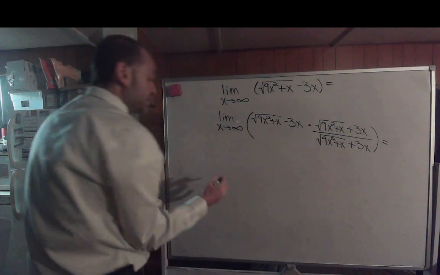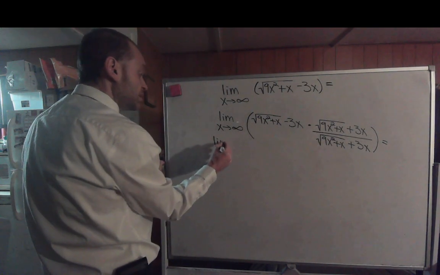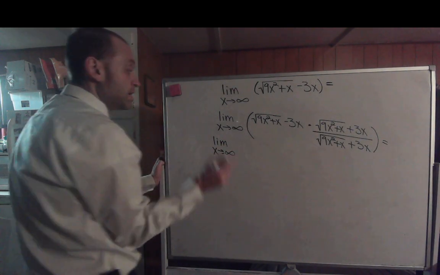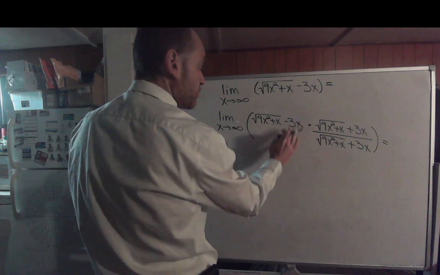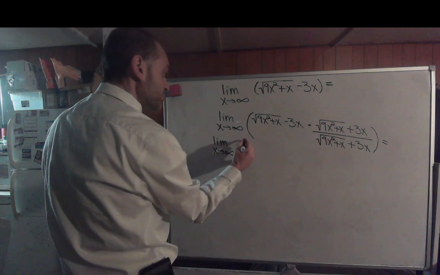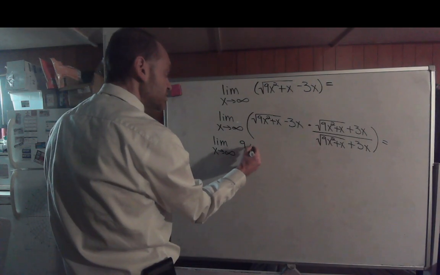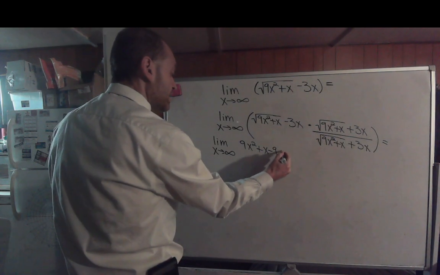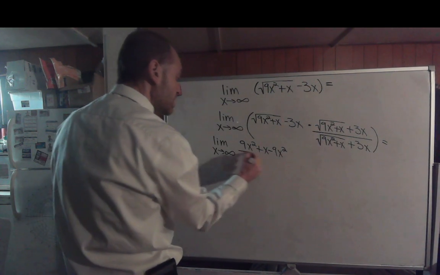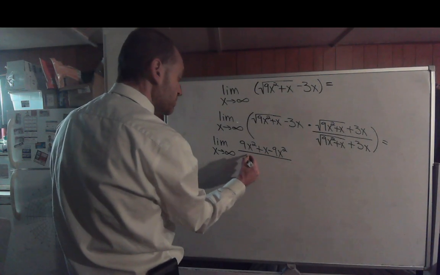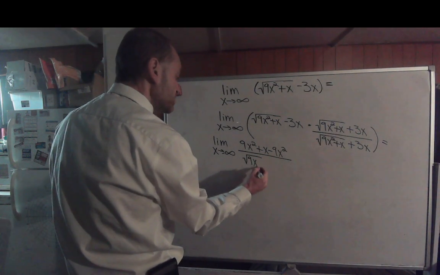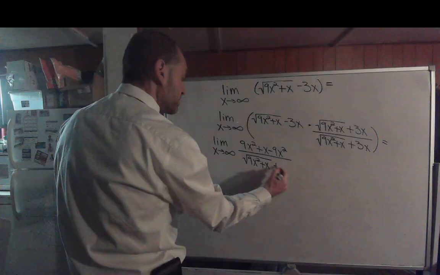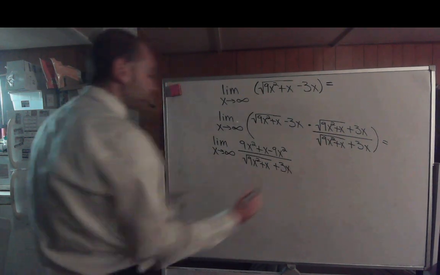Let's simplify this a bit. This would turn into the limit as x approaches infinity of, now you FOIL out your numerator, it ends up simplifying into 9x squared plus x minus 9x squared, all over the square root of 9x squared plus x plus 3x.